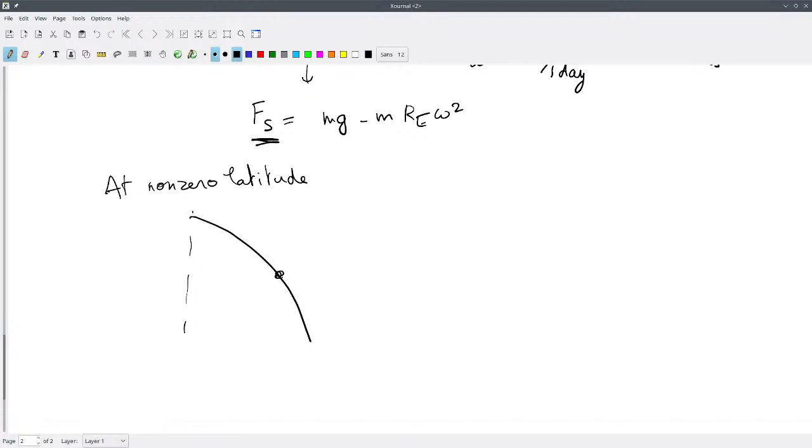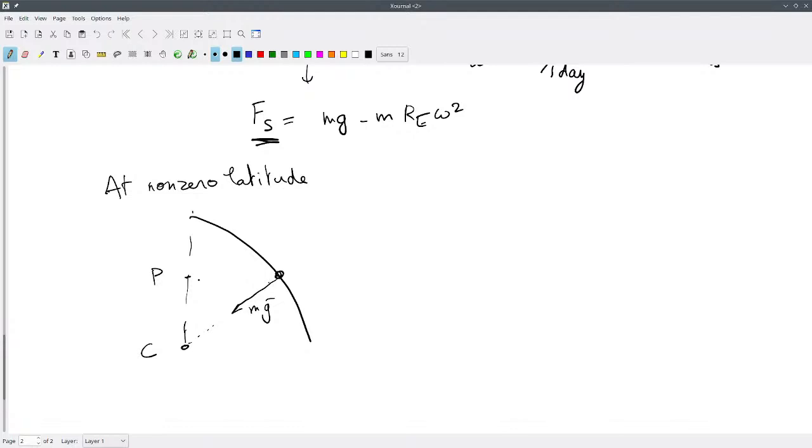So if we're at this point here, for example, if this is the center of the Earth, that's our point P here. So we're going to have m times g, or the gravitational force that is pointing towards the center of the Earth.